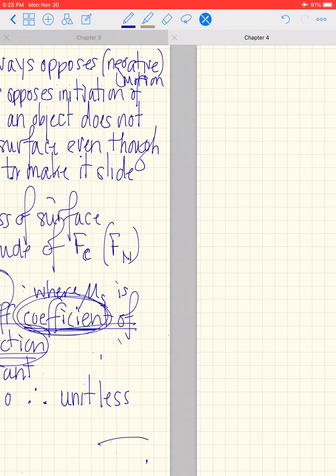4.11. A 150-pound box sits on a floor. The coefficient of static friction between the block and the floor is 0.4. Notice there's not a unit for it, it is 0.4. What magnitude of horizontal pushing force, P, is needed to make the box slide? So the way I'm going to set this up is I can do it two ways.